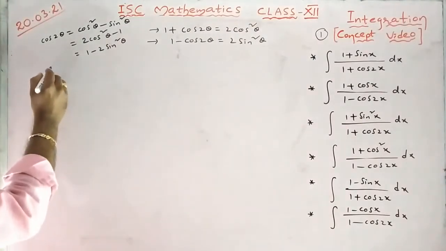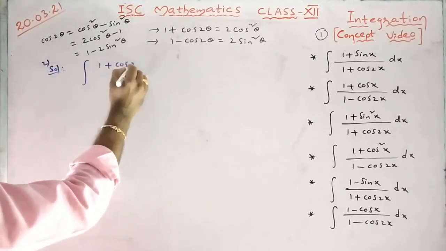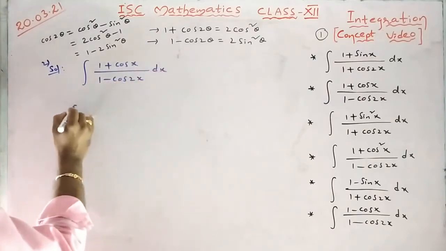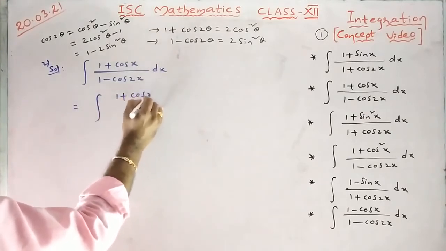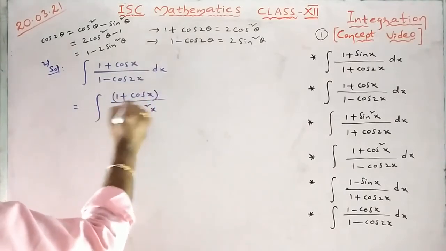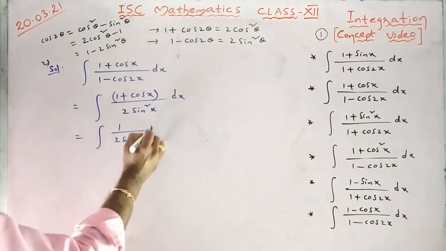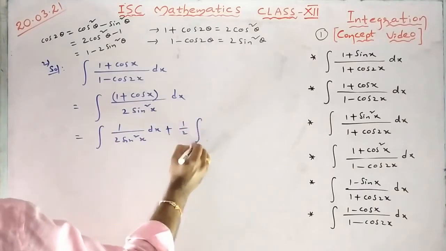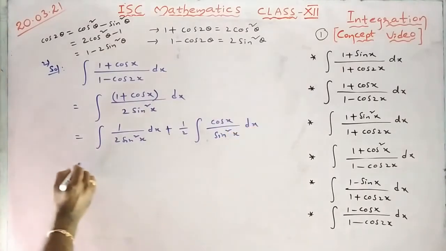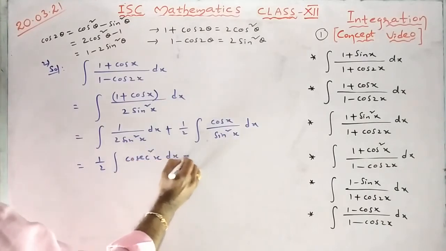So second one, integral 1 plus cos x by 1 minus cos 2x. This 1 minus cos 2 theta means I can write 2 sin square x dx, right? So 1 by 2 integral 1 by sin square x dx plus 1 by 2 integral cos x by sin square x dx. So 1 by sin square means we can write cosec square x dx.